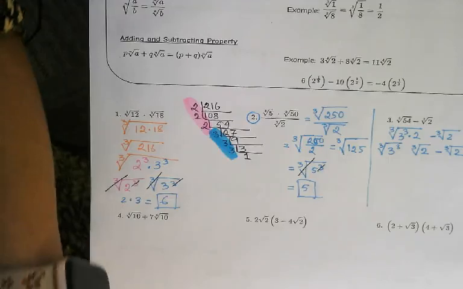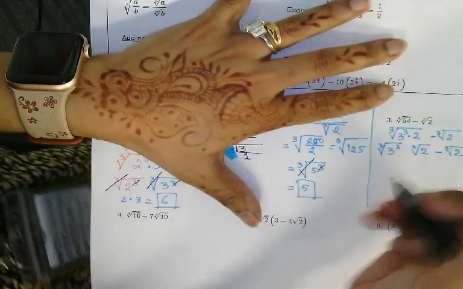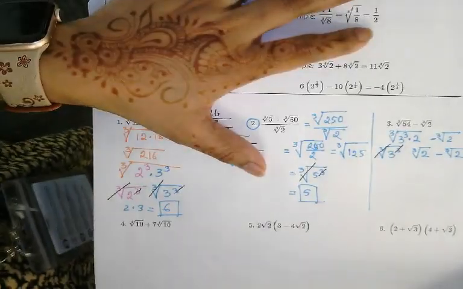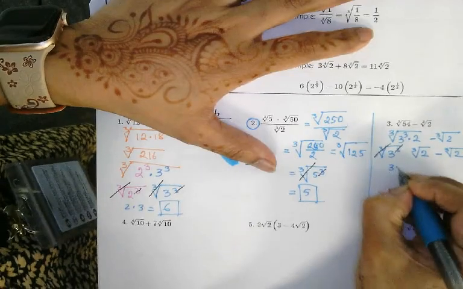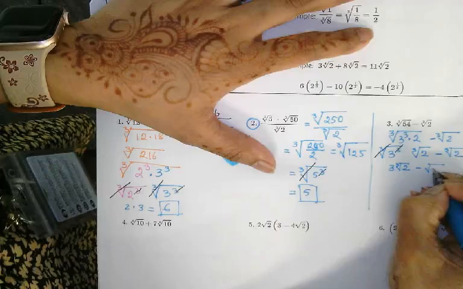Are we okay up to here? Sure? All right. Let's cancel this one. This canceled out, right? So 3 is free. 3 cube root of 2 minus cube root of 2.